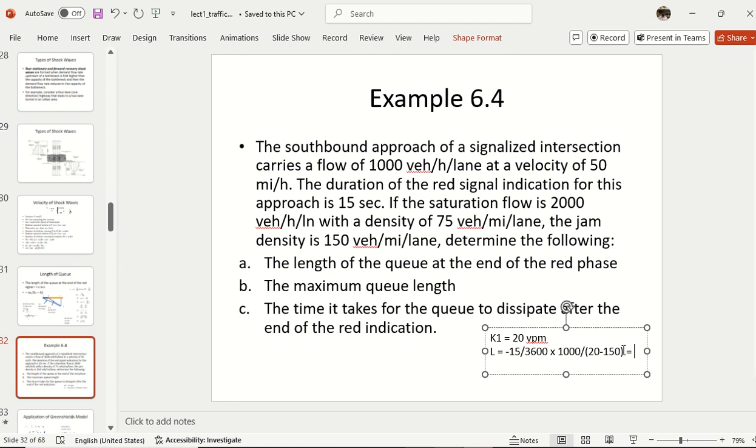Okay, so 15, the timing of red. This is Q1. This is K1. We had the flow and the speed. So from flow and speed, I calculated the density. And 150 jam density is given.